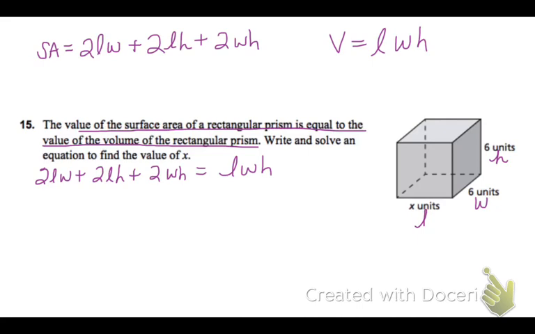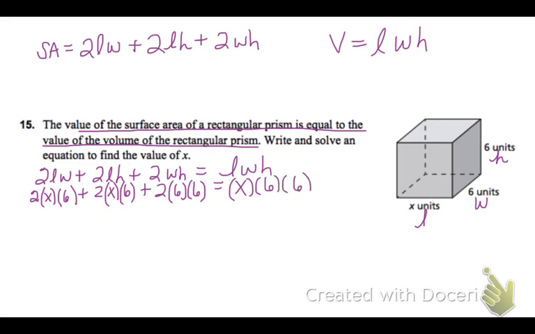So remember in this first expression, 2 times L times W. So we would have 2 times X times 6 plus 2 times X times 6 again plus 2 times 6 times 6 equal to X times, and notice sometimes we use parentheses to show multiplication, the W is 6 and the H is 6.